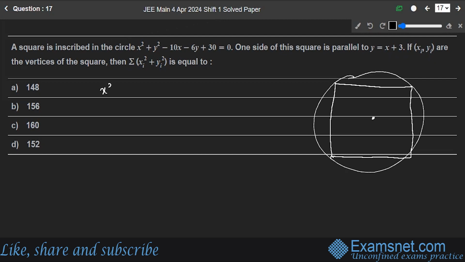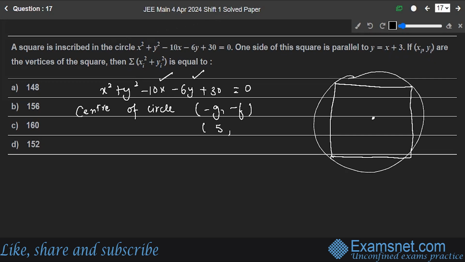The equation of the circle is x squared plus y squared minus 10x minus 6y plus 30 is equal to 0. Let's find the center of the circle, which is given by minus g, minus f. Minus of minus 10, g is half the coefficient of x, so 5. f is half the coefficient of y, so 3. 5 comma 3, this is the center of this circle.